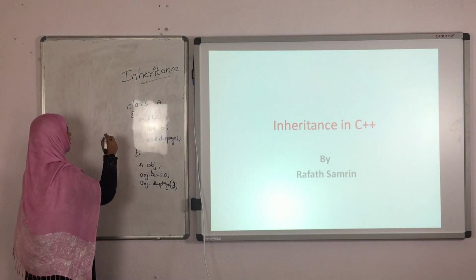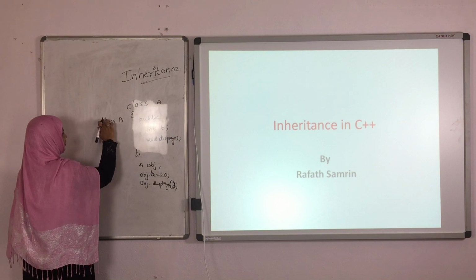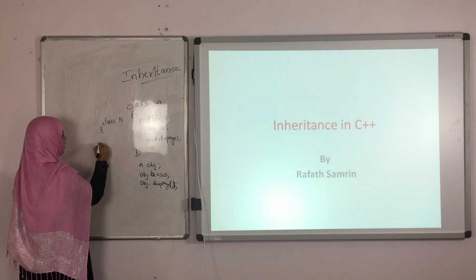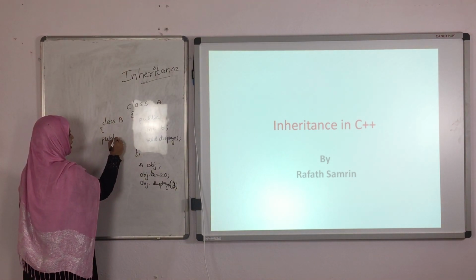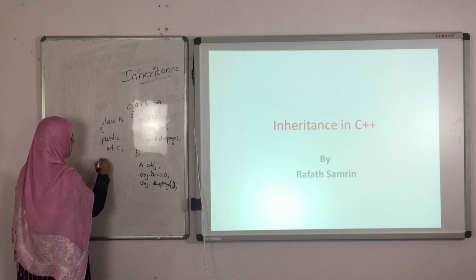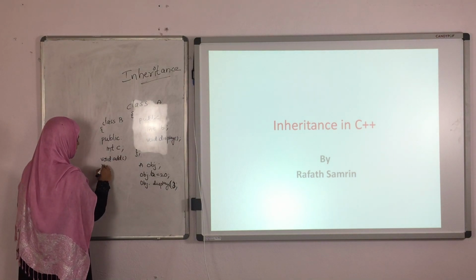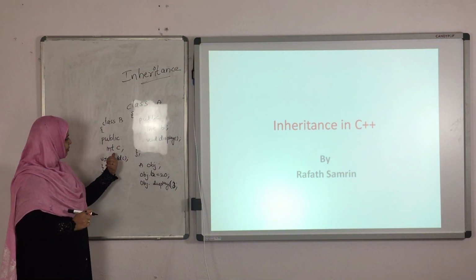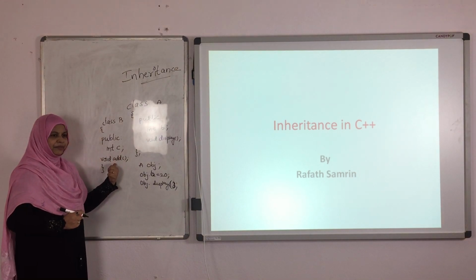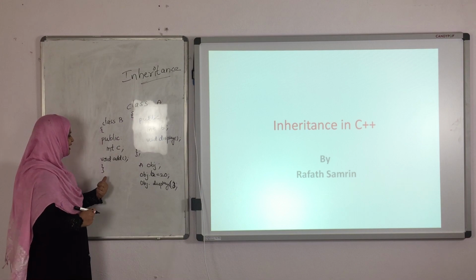Now I am going to declare one more class, that is class B. In this class B, I am going to declare two members: one variable C, and one function, void add, right?